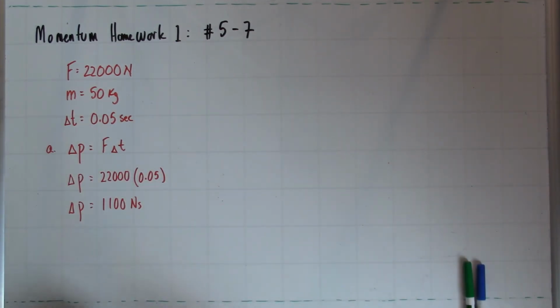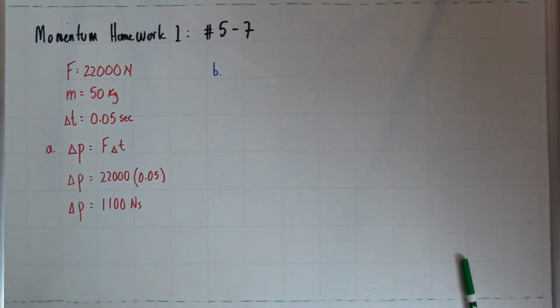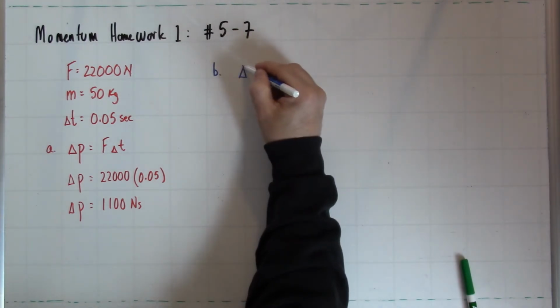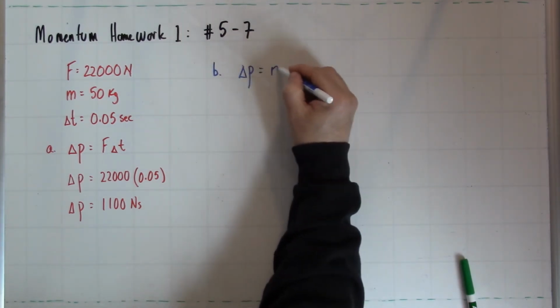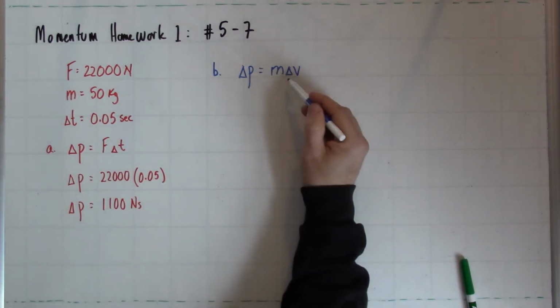B says determine the maximum change in the speed. Now, it could be change in velocity, but we understand what we're talking about here. So B says basically find the delta V, the change in the velocity. Well, we know that the change in momentum is also equal to the mass times the change in velocity. And now we can just plug and chug this.